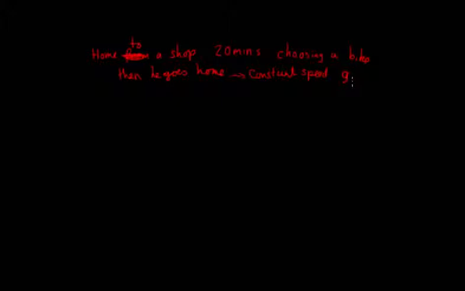He spends 20 minutes choosing a bike, then he walks home to a bicycle, then he goes home at a constant speed of 9.6 kilometers per hour. And then we've got this graph.